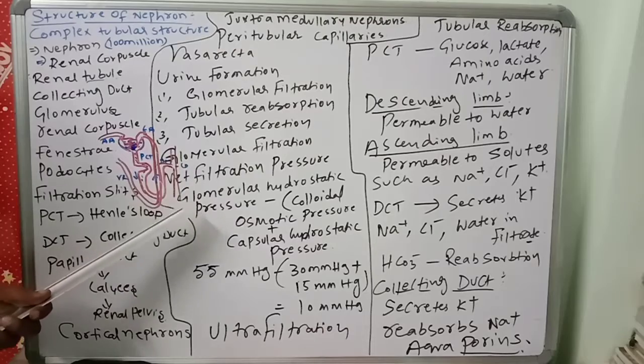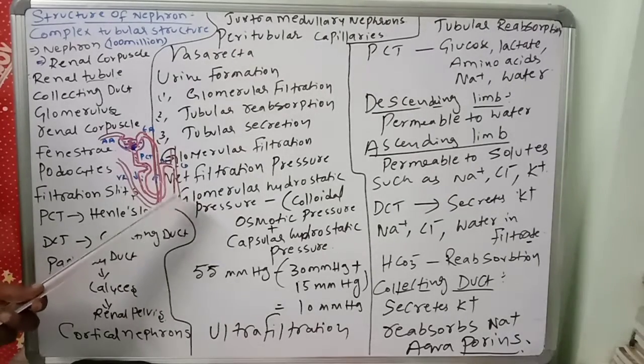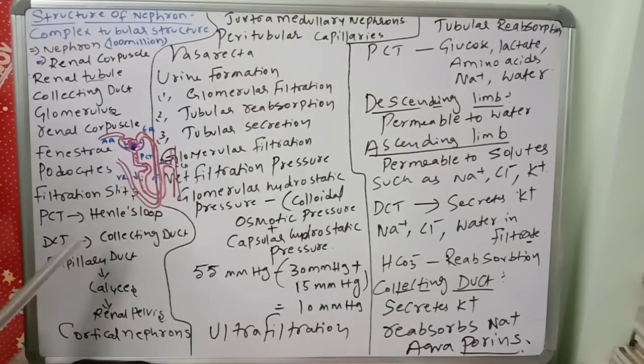Several collecting ducts fuse to form the papillary duct, which delivers into the calyces and ureters. The proximal convoluted tubule opens into the Henle's loop, and the distal convoluted tubule opens into the collecting duct. The PCT and DCT are situated in the cortical region of the kidney, whereas the loop of Henle is arranged in the medullary region.